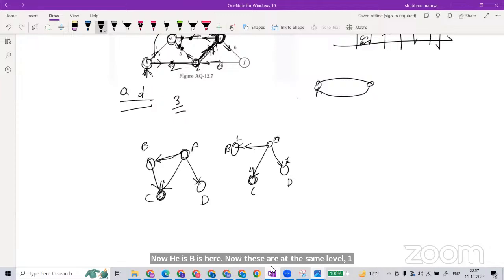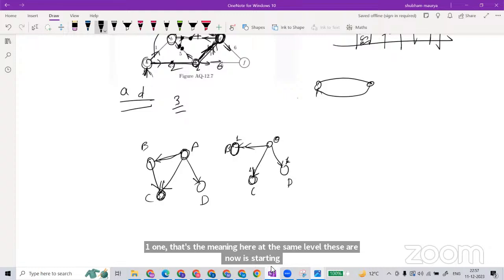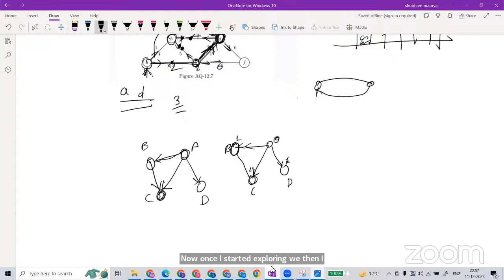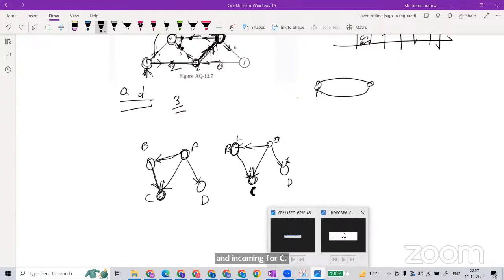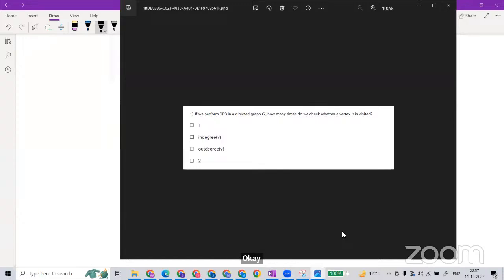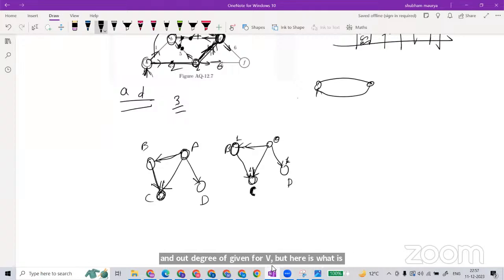Now we start exploring B. Once I started exploring B, I can visit C, because there is a vertex outgoing from B and incoming for C. So it is asking for V visited. In degree is given for V and out degree is given for V, but here the in degree for C matters. So it is the number of incoming edges.